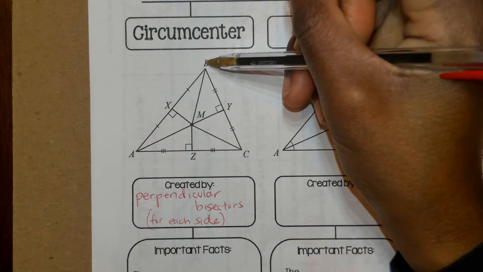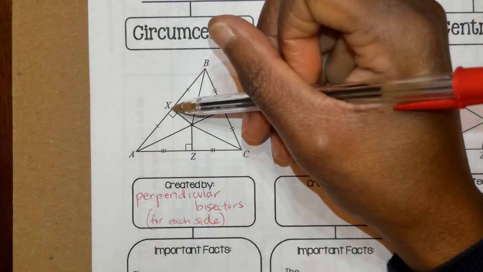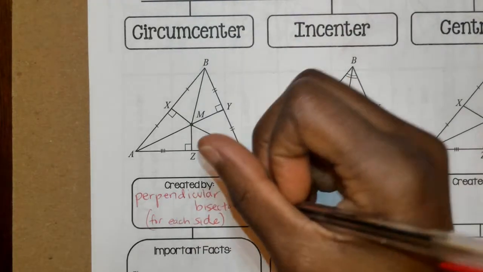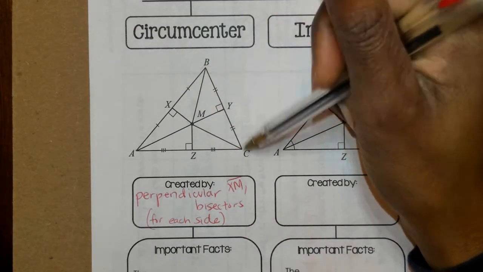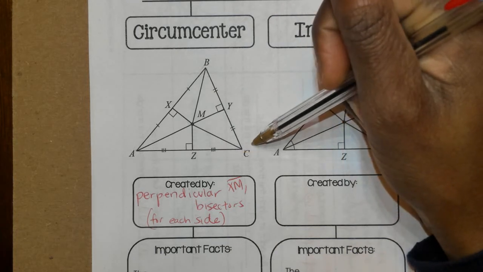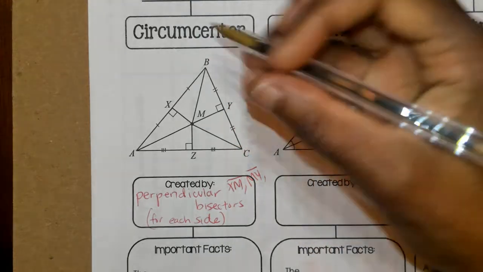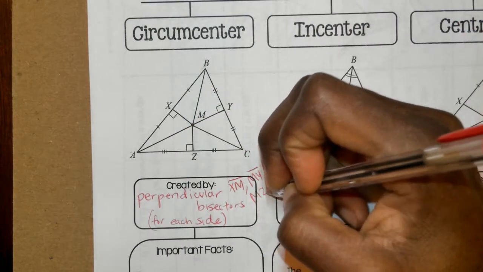We want to create a perpendicular bisector. So we want to create a segment that is perpendicular to line AB that goes through the middle of line AB. So this XM would be a perpendicular bisector. For side BC, what would be the perpendicular bisector? Okay, MY. And then for side AC, the perpendicular bisector would be MZ.